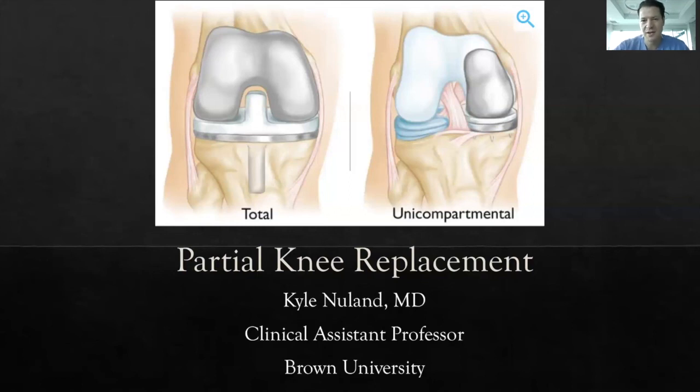I think by 6 weeks, they're probably about 60% recovered, and by 3 months, they're probably around 75 to 80% recovered. I do also think that patients with the partial knees return to work a little bit faster than the total knees. So where someone may return to work in the 4 to 6 week realm, really depending on what they do, with a partial, I usually tell my totals probably at least 6 to 8 weeks before you're returning to work.